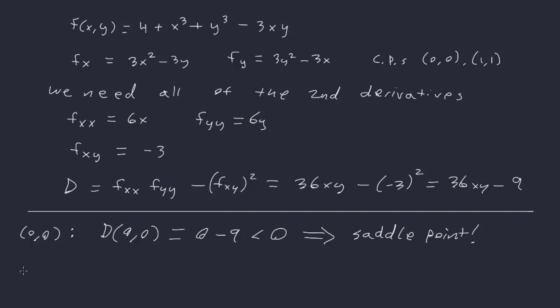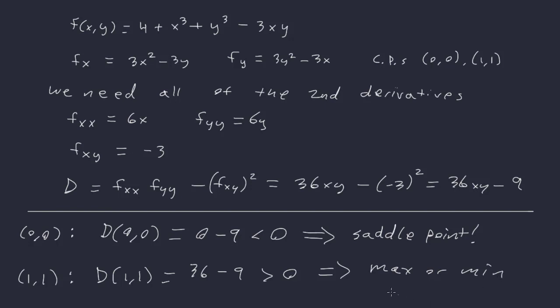Okay? And then we'll check 1, 1. All right, 1, 1. Well, when we plug in 1, 1, we'll get 36 minus 9. That will be positive. So that means that we have an extreme, right? A max or a min. And we check that using either f sub xx or f sub yy.